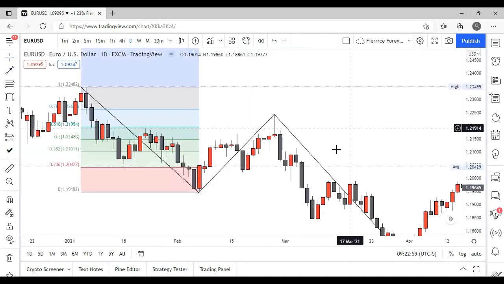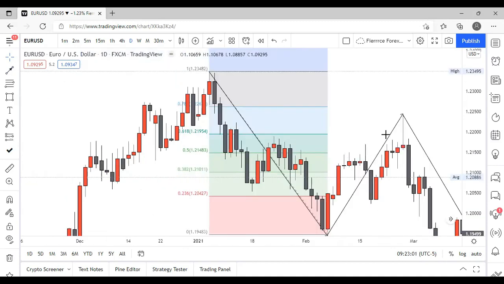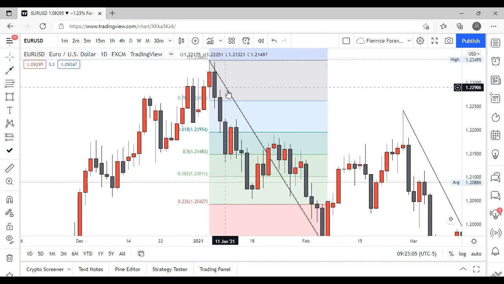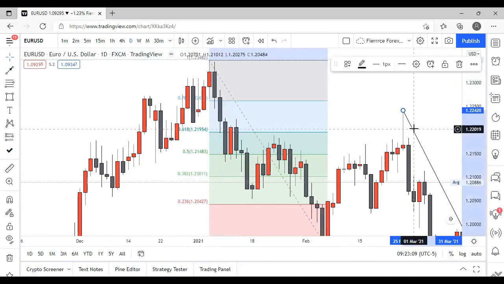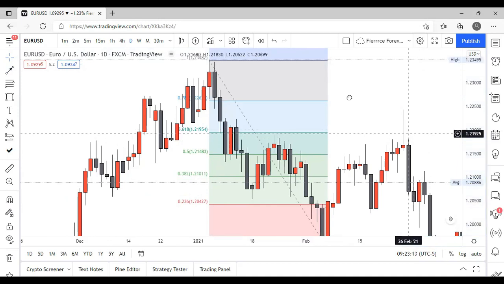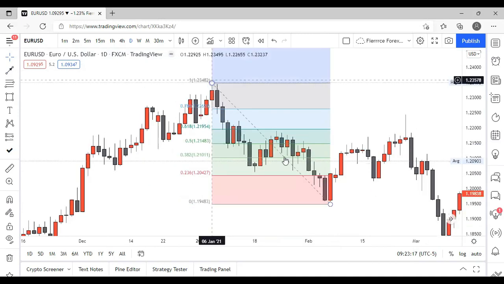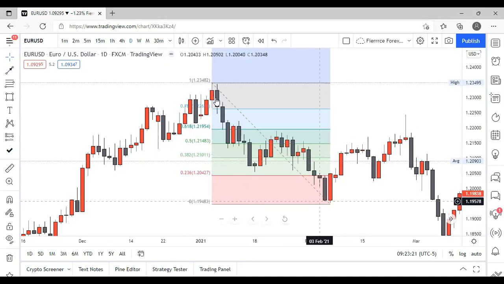Now, when I look at the Fib, let me just remove this so that my chart is not so messy. What do I see? I see the swing high to the swing low. Now price pushed down.